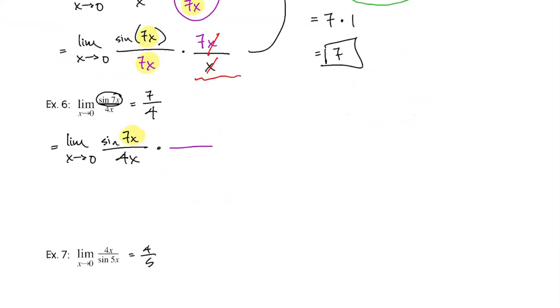I want to be clever about how I say 1. And so what are our suggestions for what I should multiply by in the purple here? 7x over 7x. Yeah, let's try it. 7x over 7x is 1, so I haven't changed anything, so that's good. And I was able to get that 7x in the denominator that I need. That means that because everything is multiplied, I can sort of switch where the denominators are.